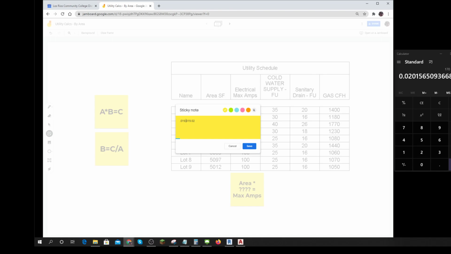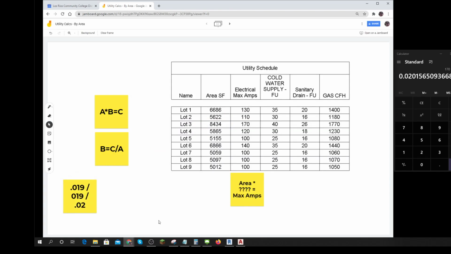Kind of weird. There we go. Those are my three numbers: 0.019, 0.019, 0.02. So I think I've keyed in on it.